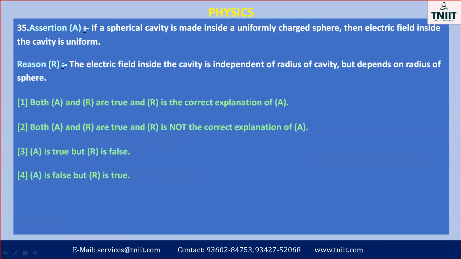Yeah, it is an assertion and reasoning question. If a spherical cavity is made inside a uniformly charged sphere, then the electric field in the cavity is uniform? Yes, it is a true statement. If the field in the cavity is uniform, definitely the charge distribution is also uniform.